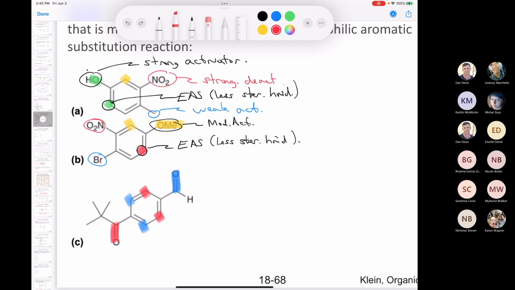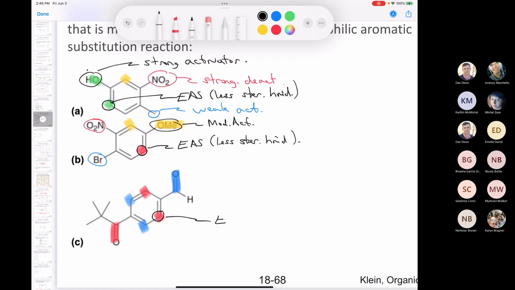So this is an example where you can look at, even at the level of chemistry 3111, a compound and say, okay, both of these are deactivators. They're both moderate deactivators, but look at the size of this thing. This thing is gigantic. So even though you'd probably get a mixture, I would say it should preferentially occur here.